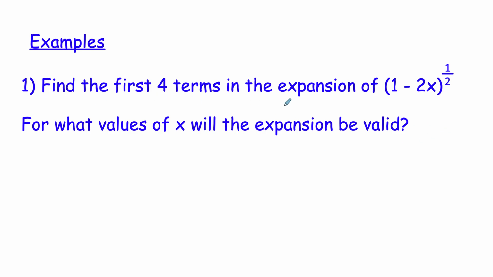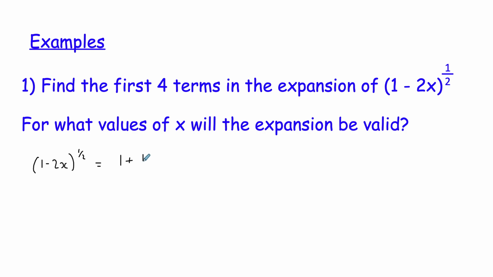This one's the first 4 terms of the expansion of 1 minus 2x to the power of a half, and it wants us to state when it's valid. So nothing new yet, so we can just get straight on with this. But there is a part 2 to this. So that's going to be 1. Again, if you want to skip ahead, if you want to pause the video and do it yourself and check that we get the same answer, then you can always do that.